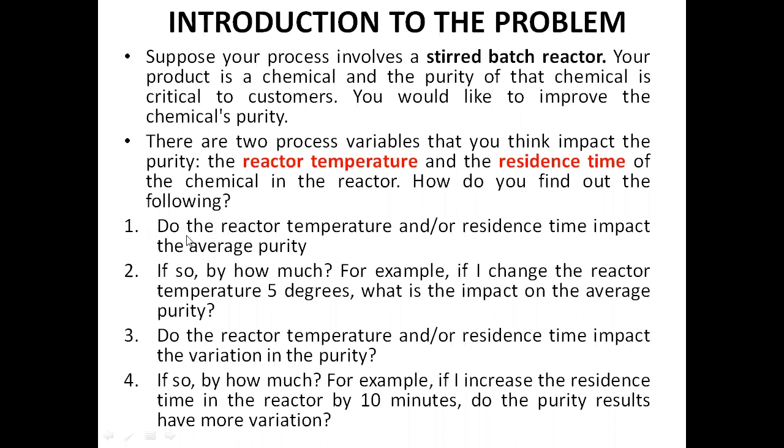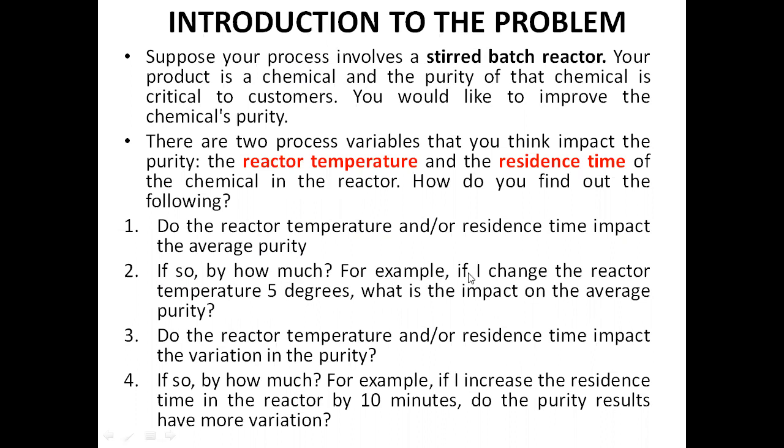So how do you find out the following? Do the reactor temperature and the residence time of the chemical in the reactor impact the average purity? If yes, by how much?